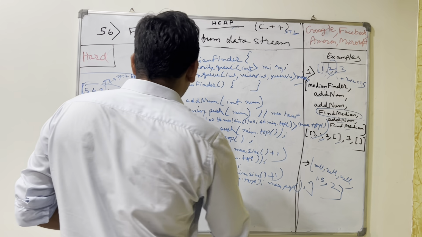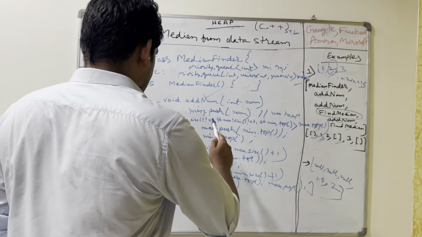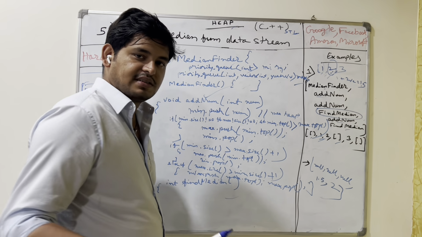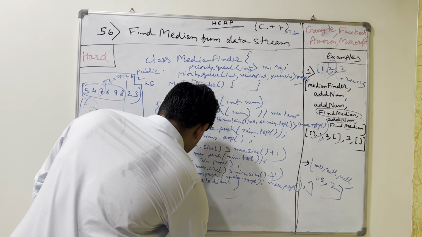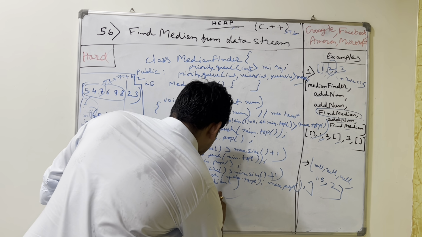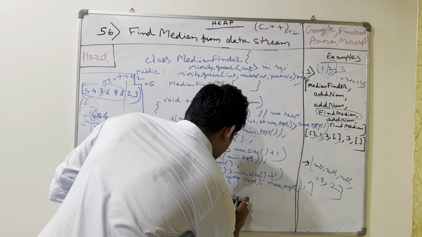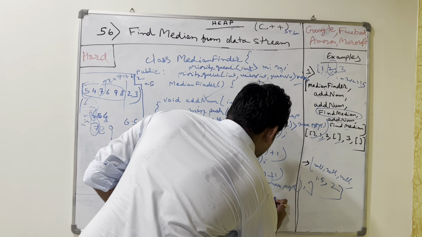Okay, so in this way the add number function will be completed, and the find median will be simple. If it is odd, then take the top of the greater size heap.